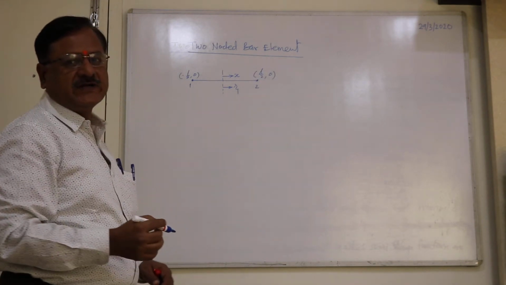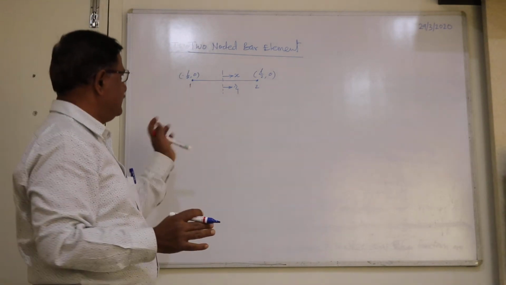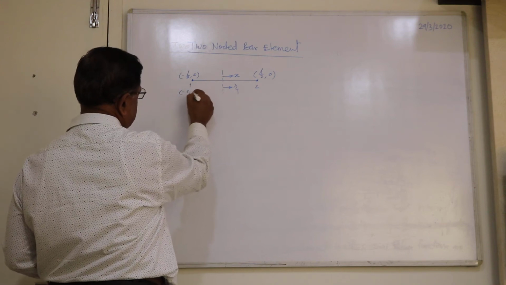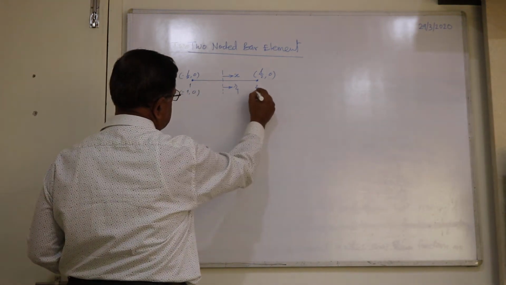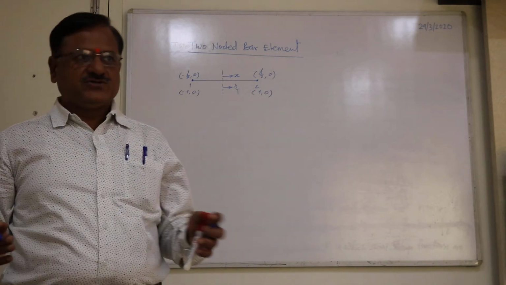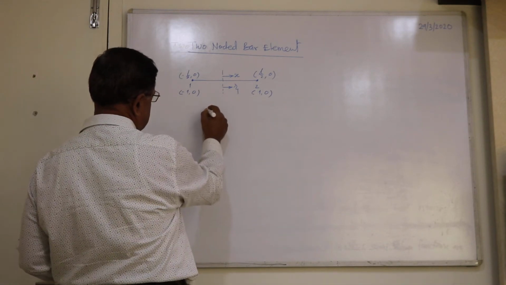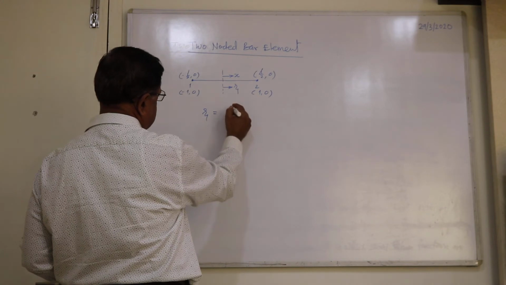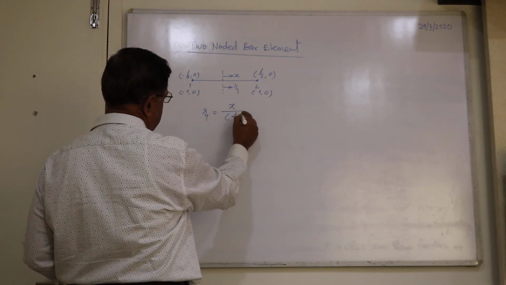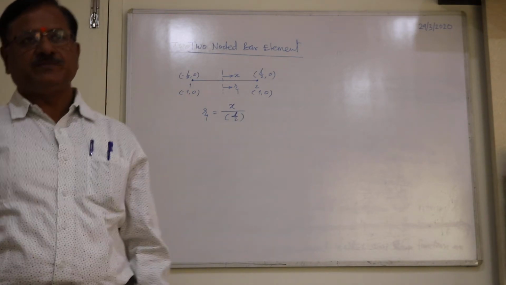Similarly, the natural coordinates vary from minus 1 to plus 1. Let's consider this is minus 1, 0 and this is 1, 0. And we know the relation between natural and Cartesian coordinate for a 1D element is xi equal to x divided by L by 2.